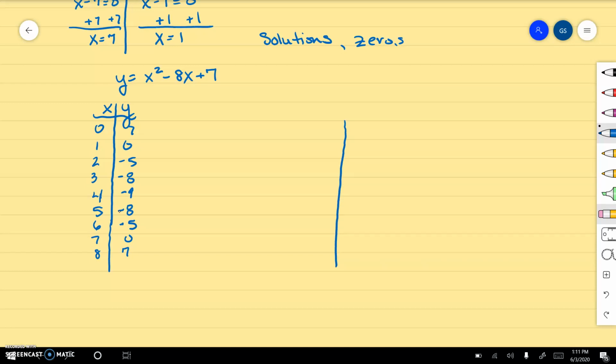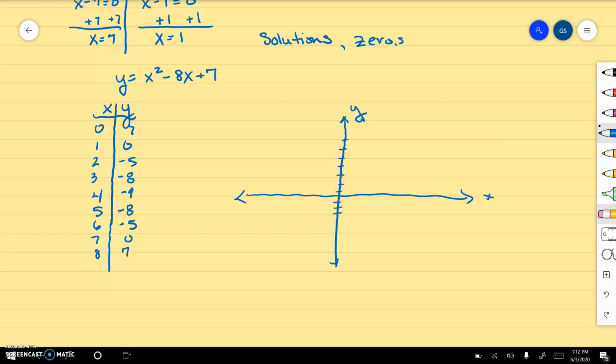Now I'm doing this like you're going to have to do it, because I don't think it's fair that I use graph paper and you don't. So we're going to make an X and Y axis. We're just estimating here. 0, 1, 2, 3, 4, 5, 6, 7 is the highest one. And what's the lowest? -9.